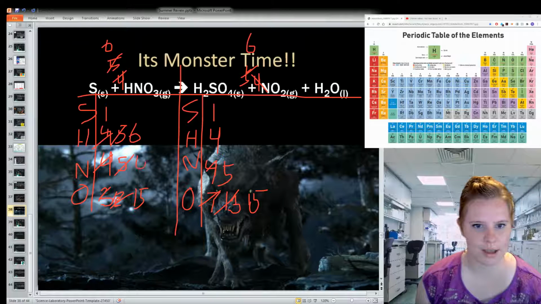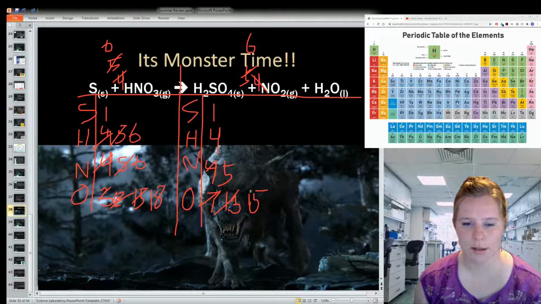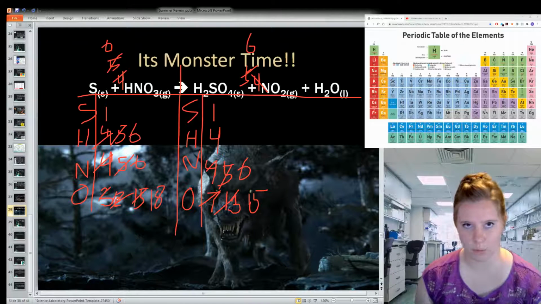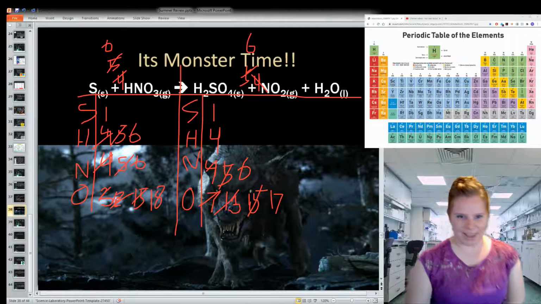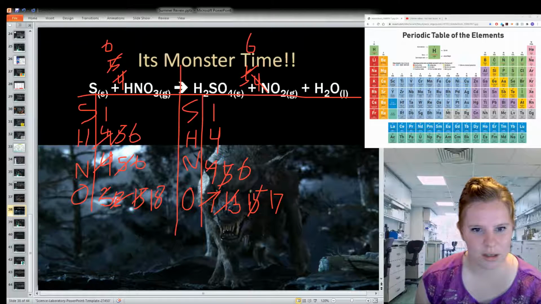Now we have 6 N's. 6 times 3, now we have 18 O2's. Over here, 1 S. Still only 4 hydrogen. This is going to be a 6 on my N's, and then oxygen 4 plus 12 is 16, and now we have 17.